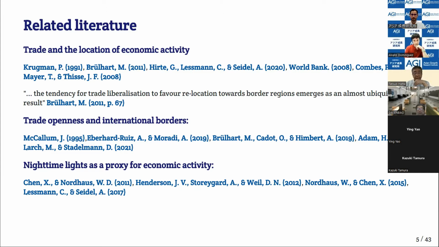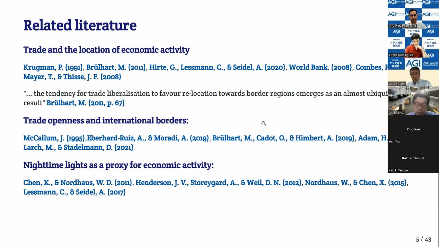Meaning that when there is trade liberalization, factories, for example, would go to the border because there is a new market that has been opened beyond that land border. So we have also some other literature that is related to trade openness and international borders.